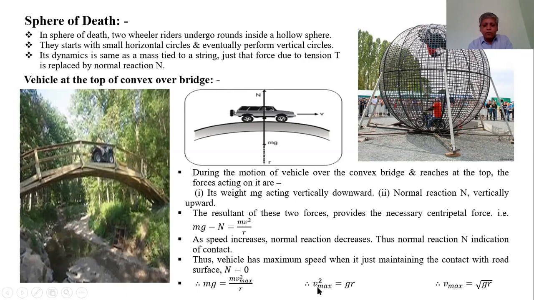Here m and m get cancelled. Therefore v max square is equal to gr, and taking the square root on both sides, v max is equal to square root of gr.